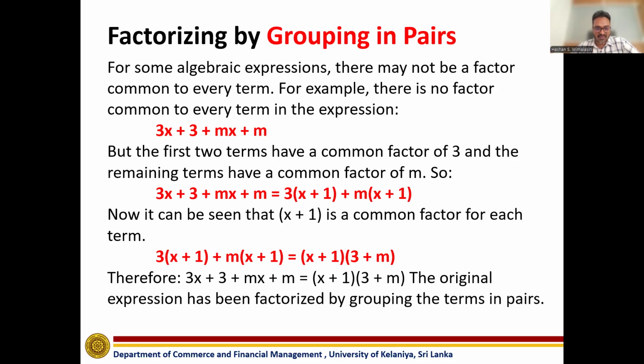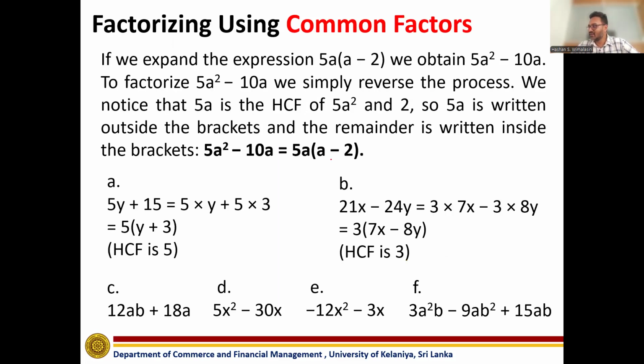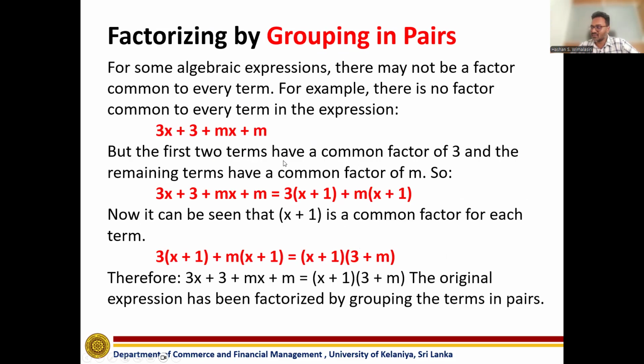Sometimes we can have common factors like this, right? If we have two terms, 5a is common for both of these, then we can have this one. But sometimes for all the terms we can't find any common term, so then we group them, and after that we can identify the factors like this.